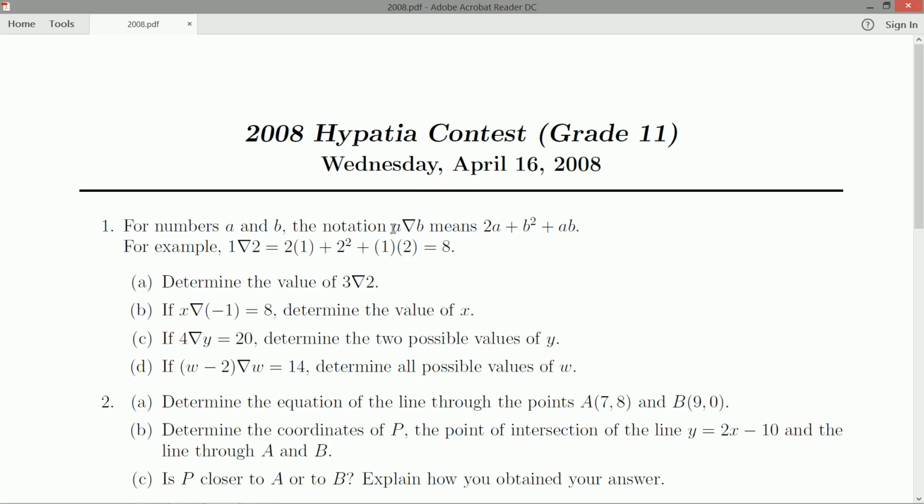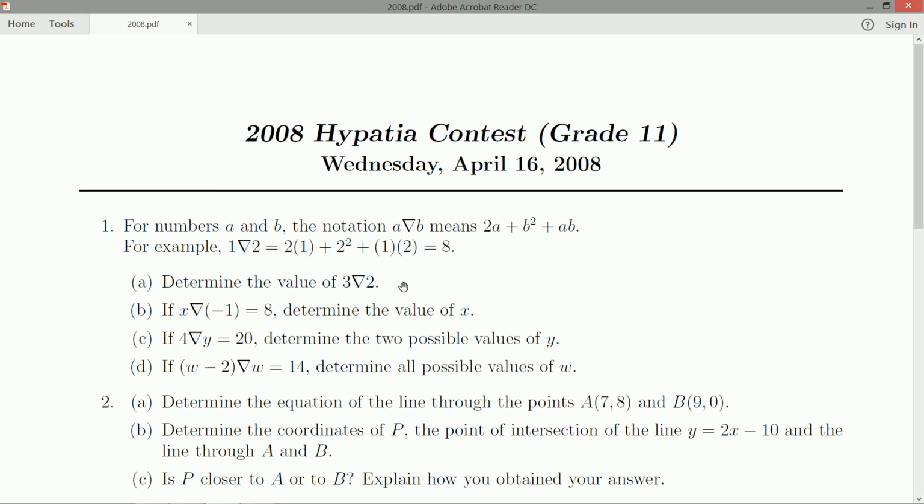So they're defining a brand new function for us. Here's an example. 1 triangle 2 is 2 times 1 plus 2 squared plus 1 times 2. We can see where the 1 for A and the 2 for B get put into our formula, and we get 8 out. Okay, we have 4 parts to this question.